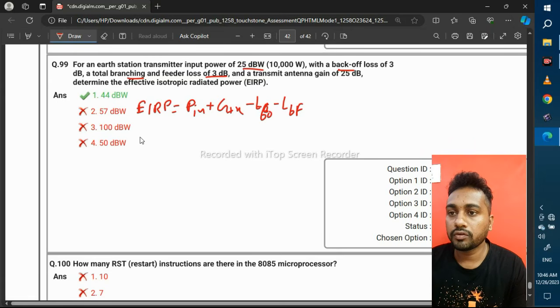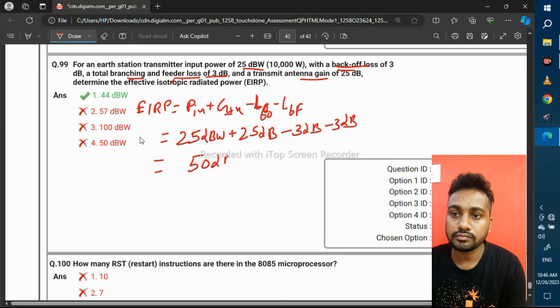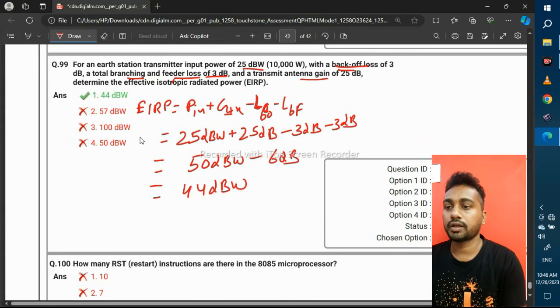Input power is 25 dB, antenna gain is 25 dB, minus backoff loss 3 dB and feeder loss 3 dB. If you calculate this, it will come to 50 dB minus 6 dB, so it will be 44 dBW. So option 1 is the right answer.